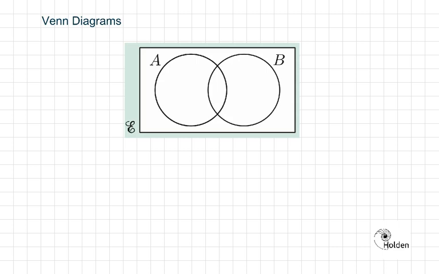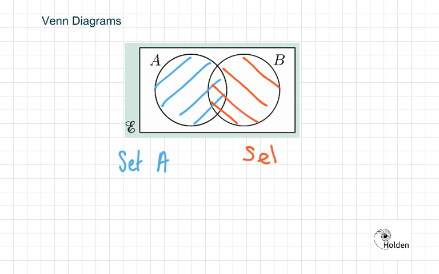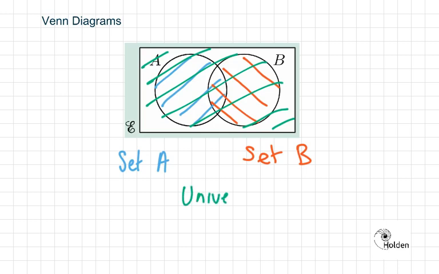So this area here, this blue area, is defined as set A. If it's inside that circle, then the thing is an element of A. This area is set B. This area contains the set of values that are in set B. The large area, all of it, the green area, including the outside bits of A and B, is the universal set. Okay? So that was one of the definitions we gave earlier.